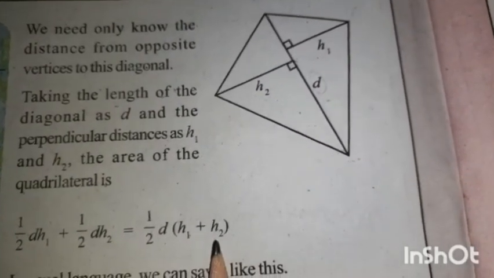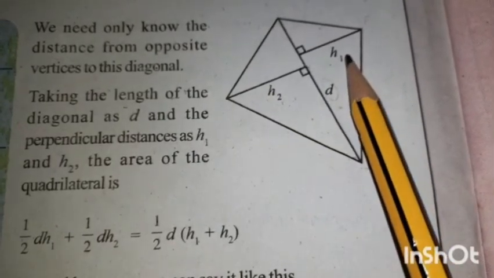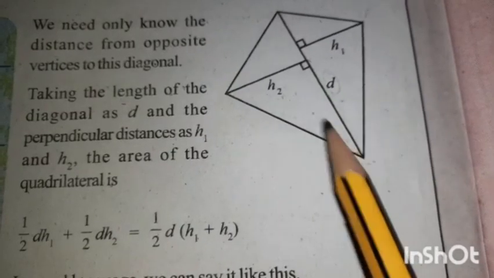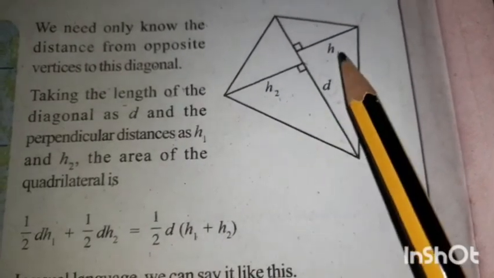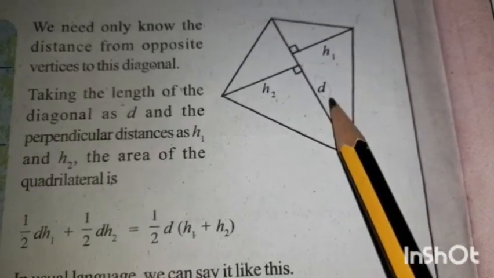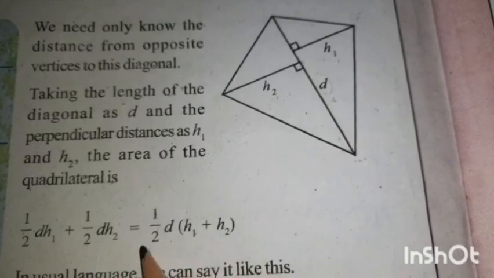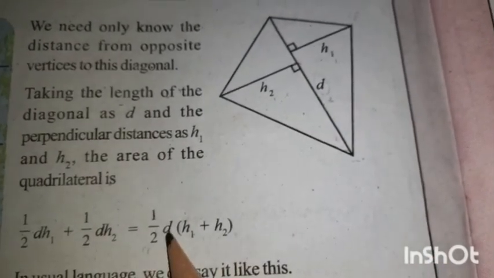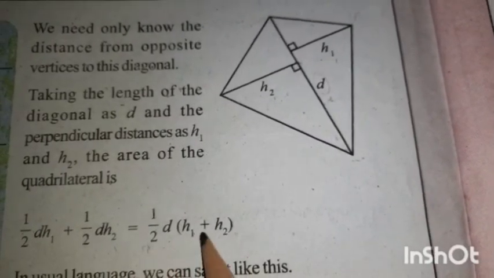You have to find out the sum of these two perpendicular distances, multiply by the diagonal and take the half. So half into h1 into d plus half into h2 into d. You can write as half into d into (h1 plus h2) because half d is common for both. So half d into (h1 plus h2).